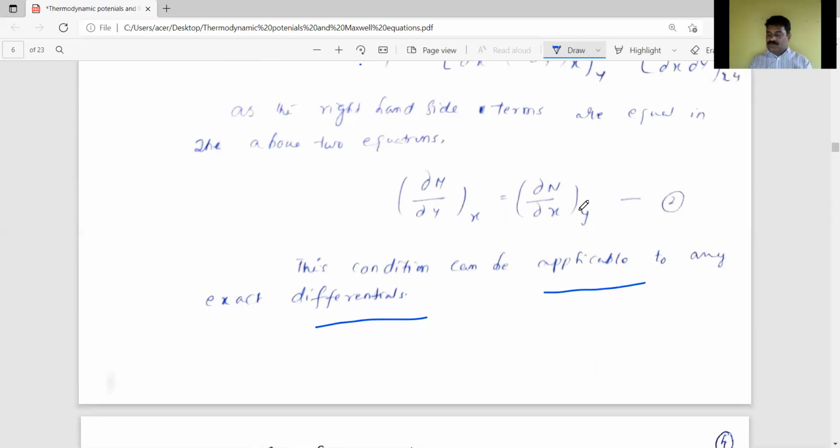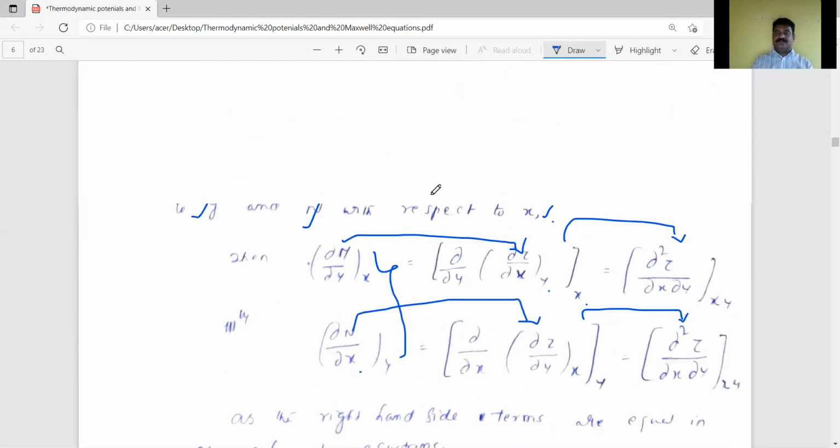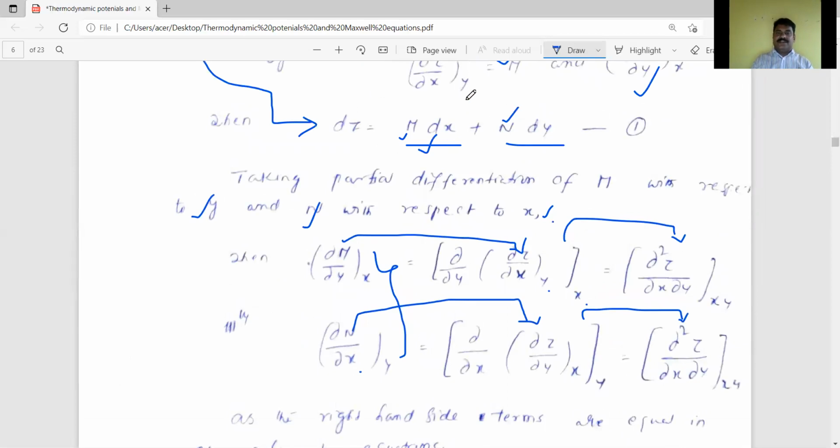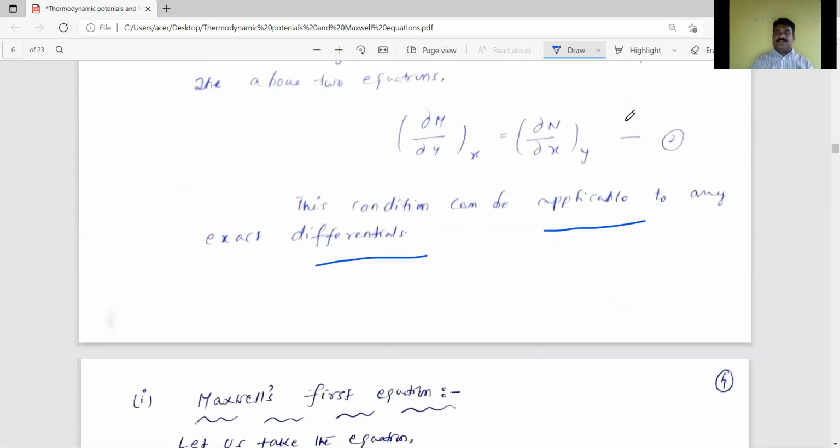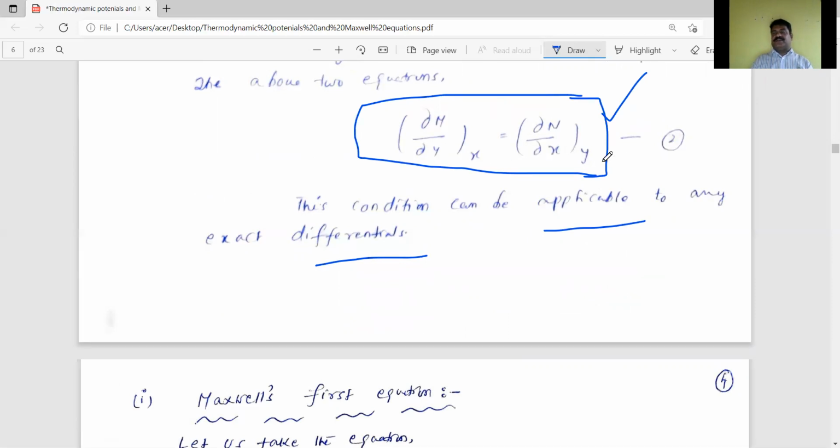Now, using these two equations, what are those equations? The first one is dz equal to m dx plus n dy. Similarly, the other equation is ∂m/∂y at x equal to ∂n/∂x at y.